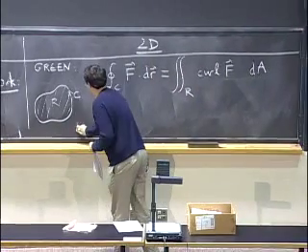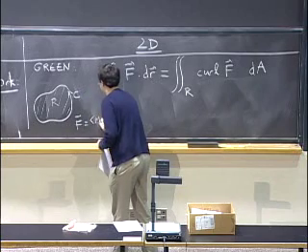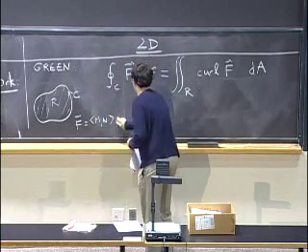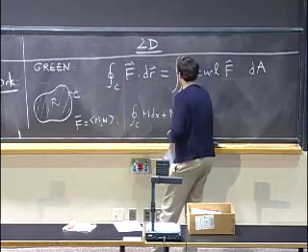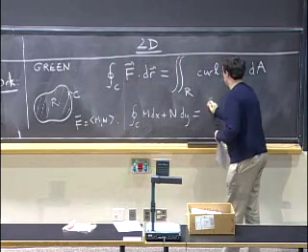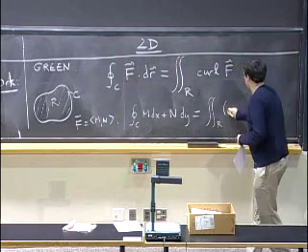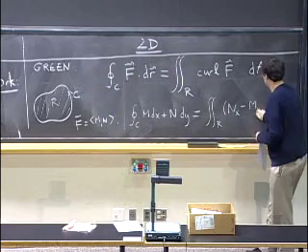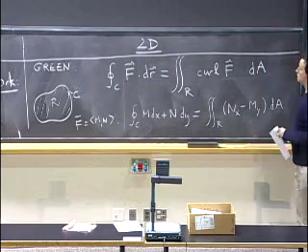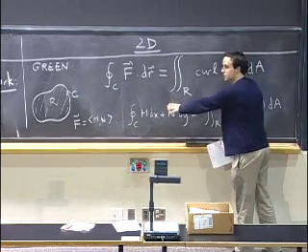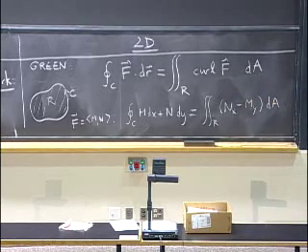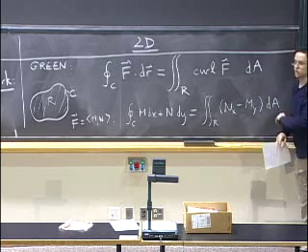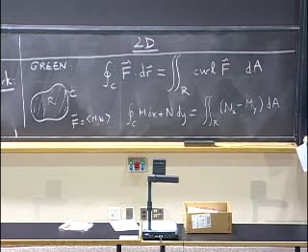Concretely, if my components of F are called M and N, that's the line integral of M dx plus N dy equal to the double integral over R of N sub x minus M sub y dA. So this side here is a usual line integral. This side here is a usual double integral in the plane, and somehow their values end up being magically related. Well, not quite magically. We've actually seen how to prove it.